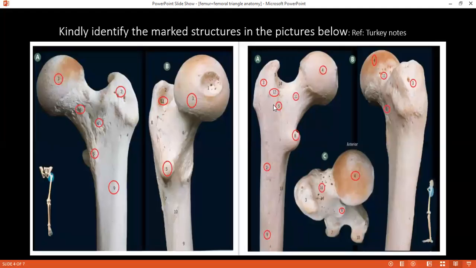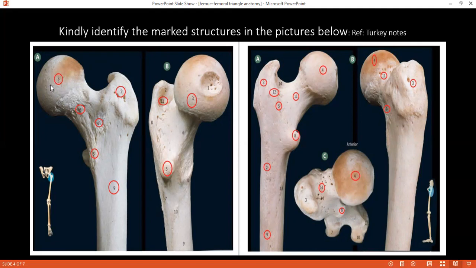In picture A over here on the left-hand side, which bone are you looking at? This is the femur. Okay. Can you identify the structures which are circled red?